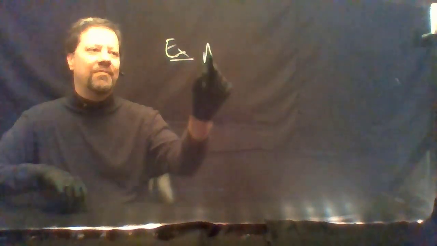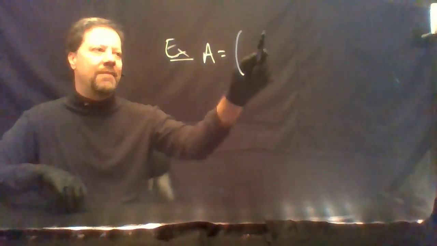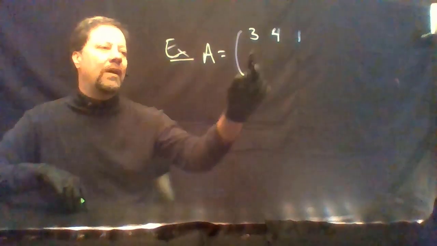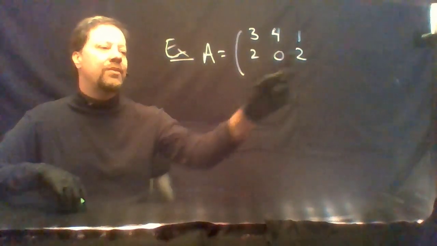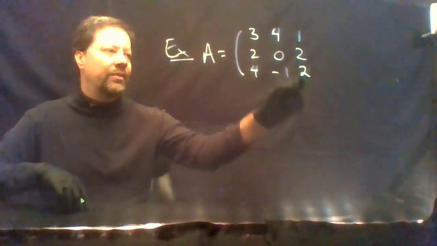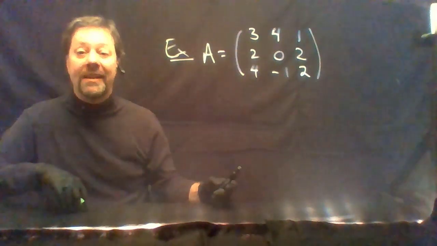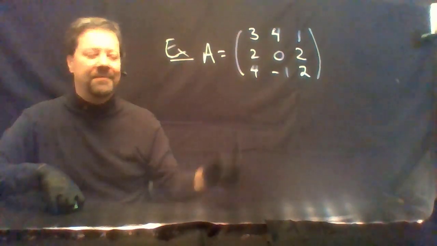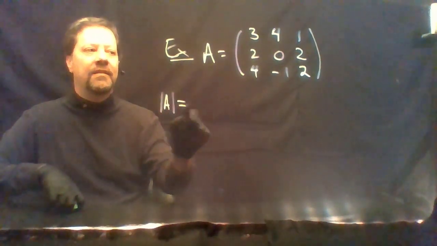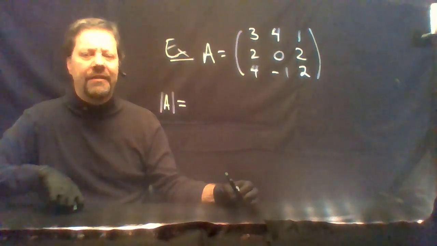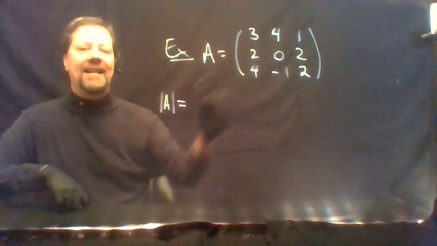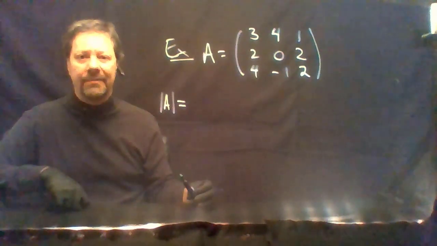So for example, suppose that A is given by the matrix, let's say 3, 4, 1, 2, 0, 2, 4, minus 1, 2. Trying to keep the numbers small because I don't want to do very much arithmetic. Let's calculate the determinant. It is always to your advantage to expand around any row or column that has as many zeros as possible.